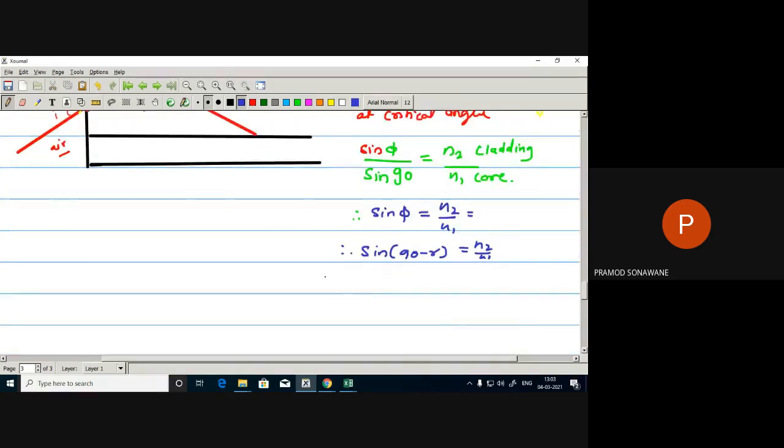Okay. So sine of 90 minus theta is what? Cos r is equal to n2 by n1. Okay, so this is equation number 2.